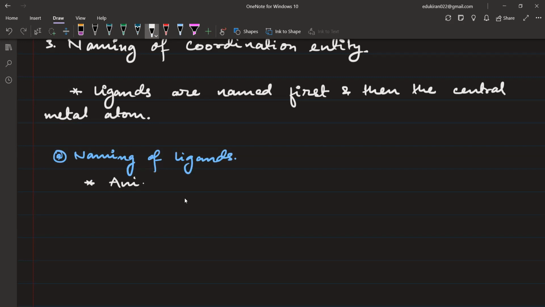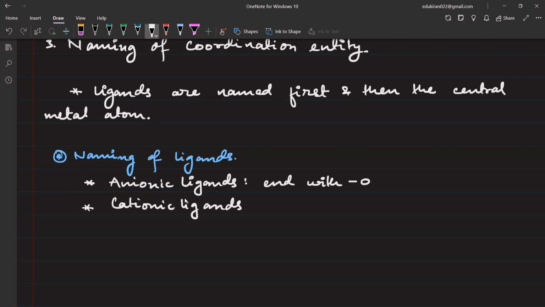If you have an anionic ligand, then they will end with O. If you have cationic ligand, then it ends with IUM.